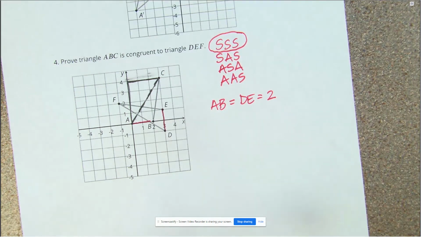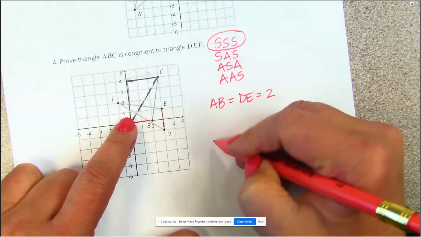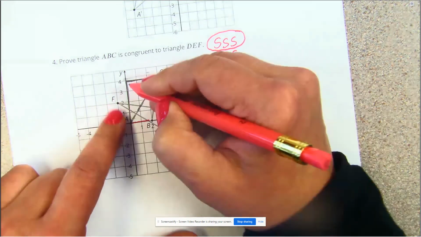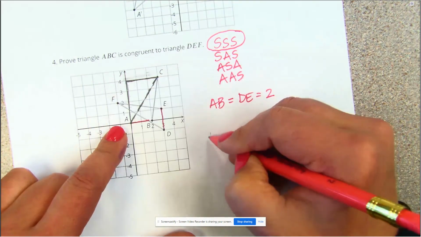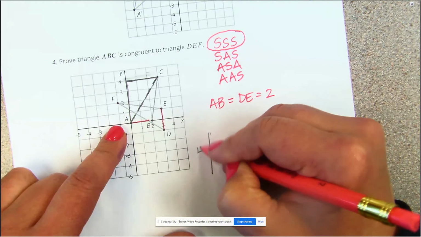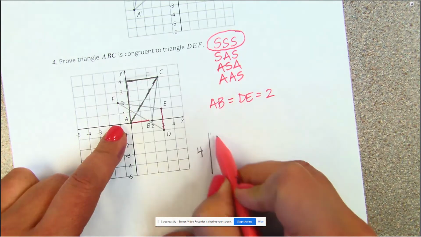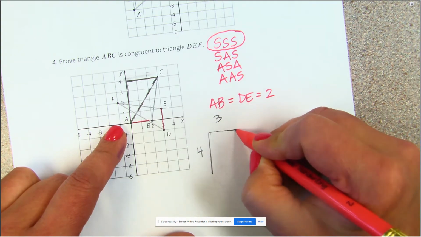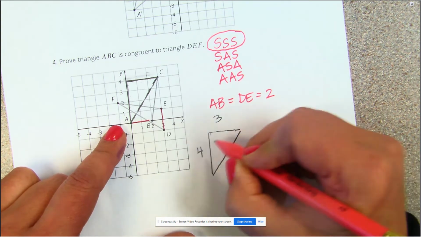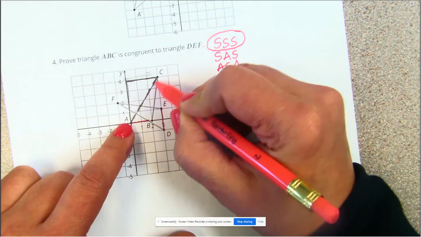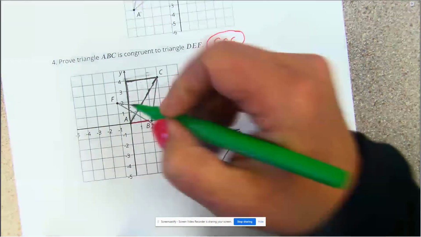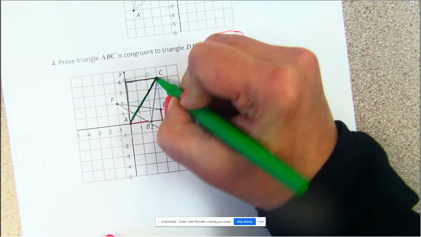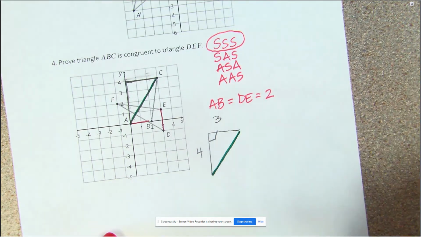So I could do Pythagorean theorem. So I'm going to show my work over here. So, well, this is 1, 2, 3, 4. And then this is 1, 2, 3. And if I do Pythagorean theorem, that'll tell me how long this is right here, which I'm trying to find. Right? That one right there.